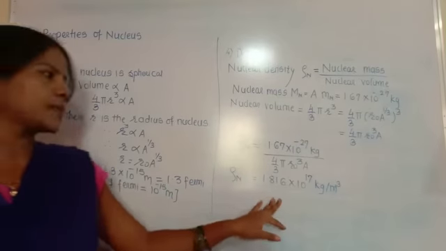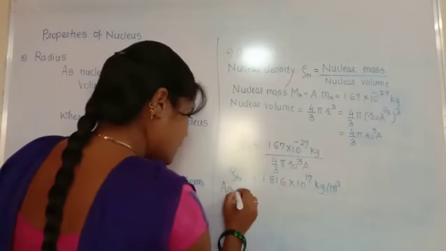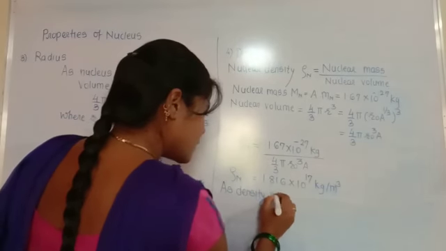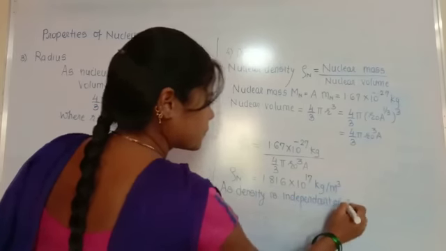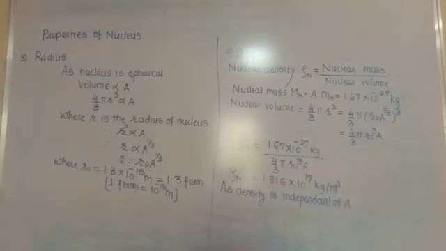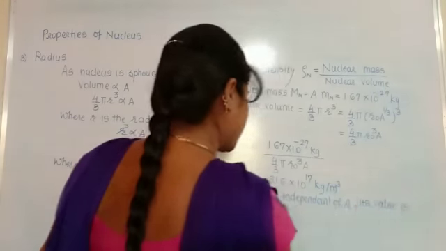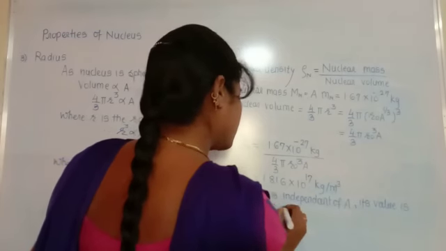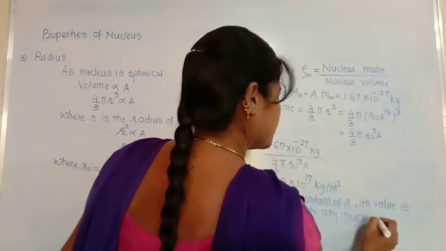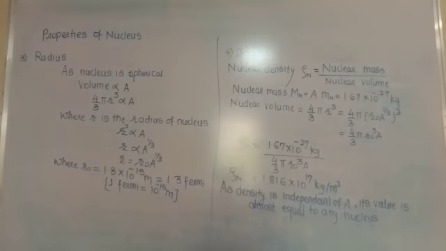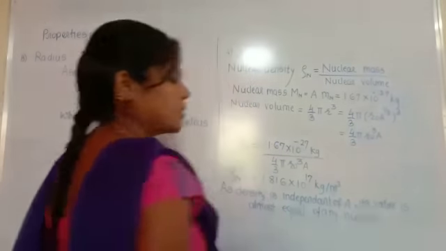In other words, the nuclear mass is proportional to the nuclear volume or size, as density is independent of A, that is, density does not depend on A, so therefore its value is almost the same for any nucleus, or all nuclei.